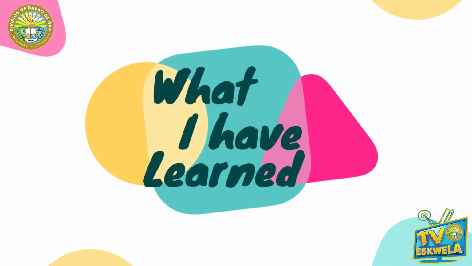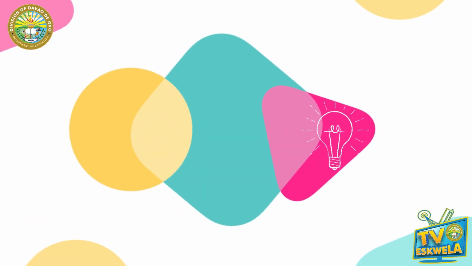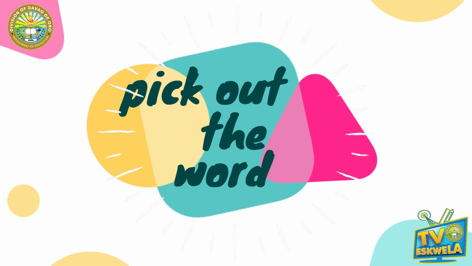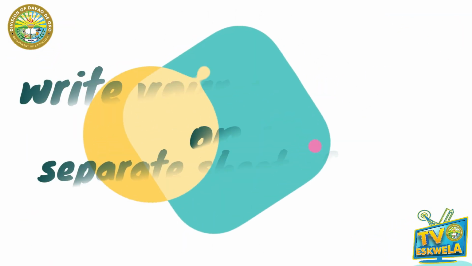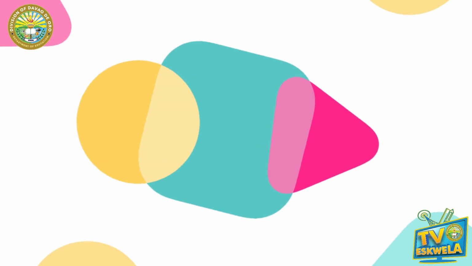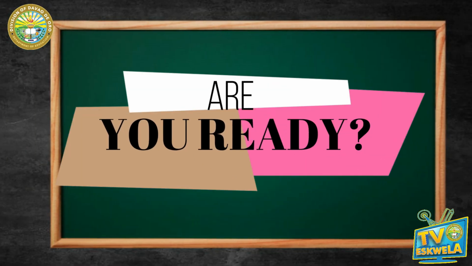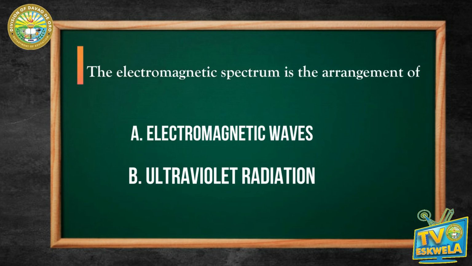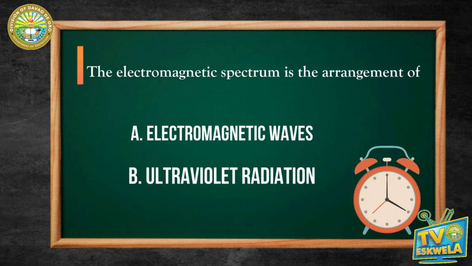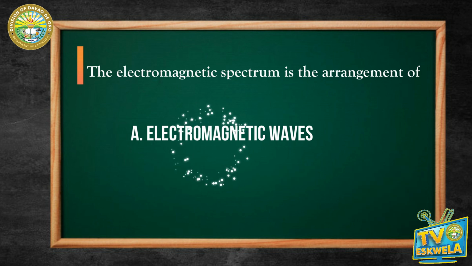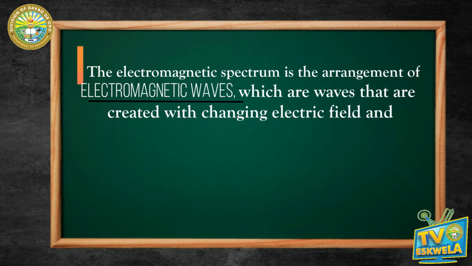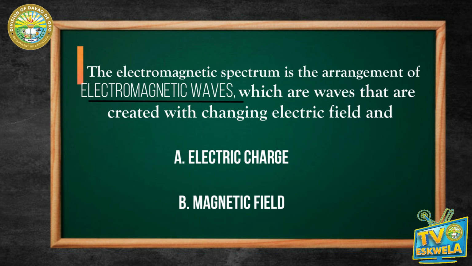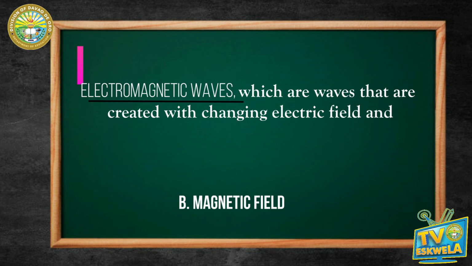What I have learned. At this point, let's sum up what you have learned. Pick out the word that will make the statements correct. Write your answer on a separate sheet of paper. The electromagnetic spectrum is the arrangement of electromagnetic waves, which are waves that are created with changing electric field and magnetic field.